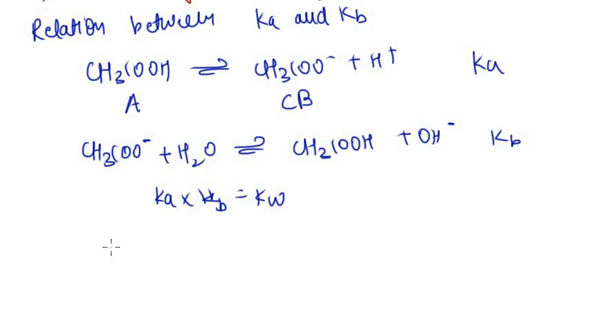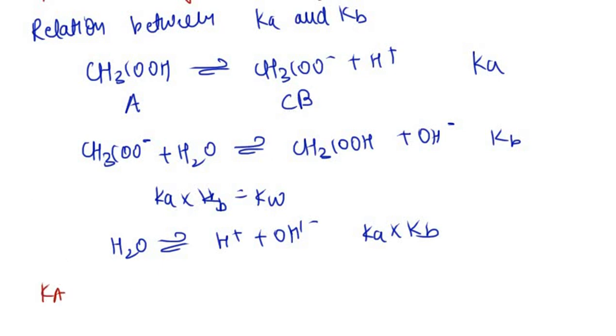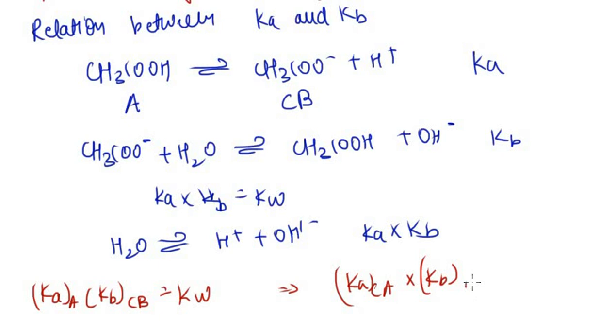So Ka of the acid and Kb of its conjugate base give Kw, and Ka of the conjugate acid and Kb of the base give Kw. We can start with anything, either acid or base.